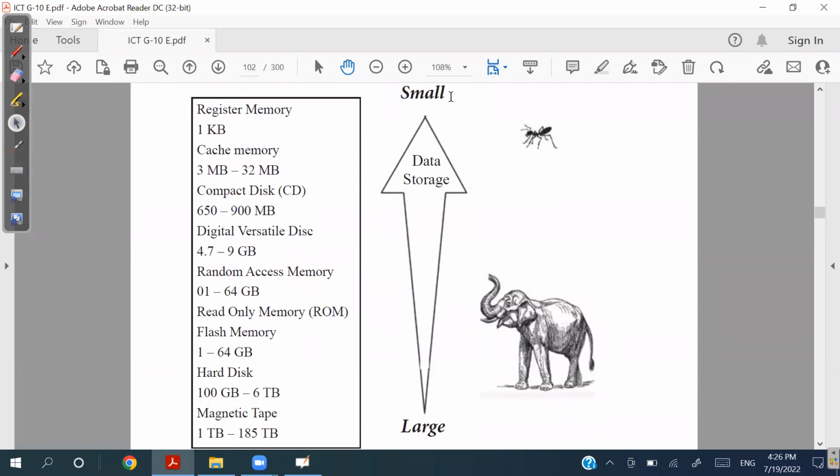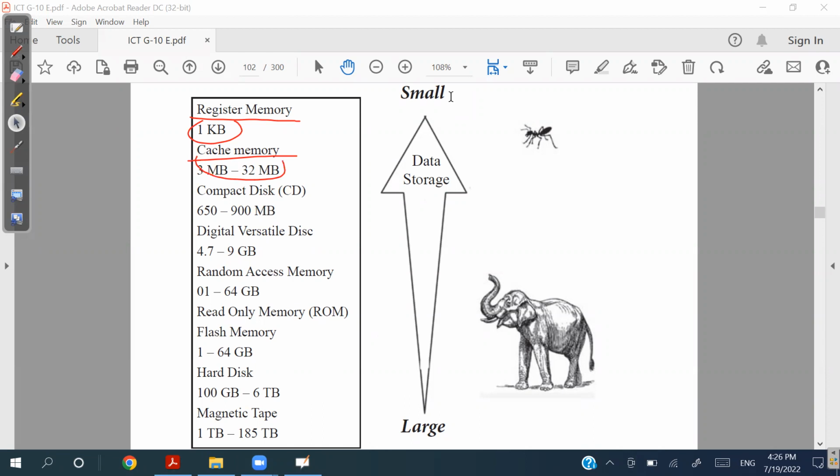The register memory is considered the smallest memory unit that you can see, inside the CPU. Cache memory is the next biggest one. So register memory is the smallest, and cache memory is bigger than that. You can see it from the capacities over here.